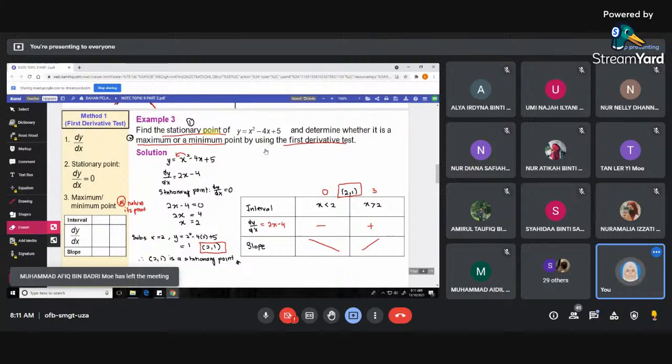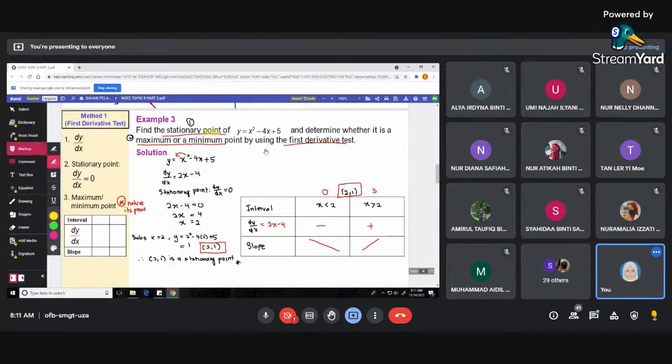So right now, we can see here, if I combine two lines together, therefore, coordinate point 2, 1, is it maximum or minimum? Minimum.